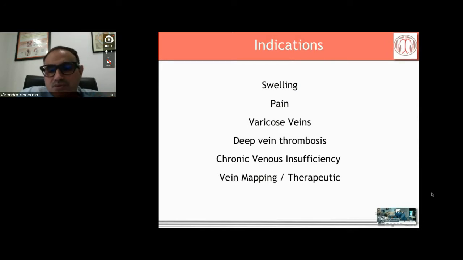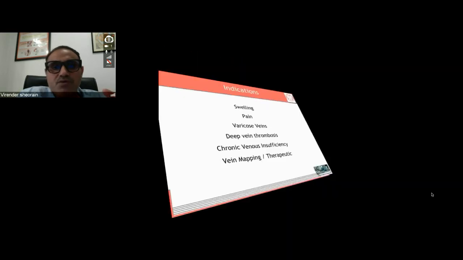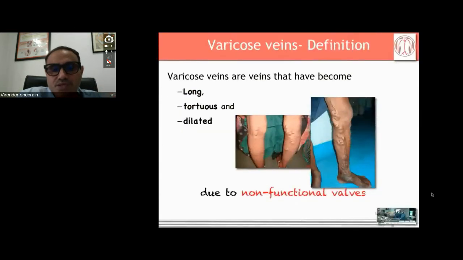So the ultrasound or duplex plays a very important role. Let's go step by step. Varicose veins: one should know them when going for a duplex. Varicose veins are veins that become long, tortuous and dilated, and the main cause is non-functional valves.